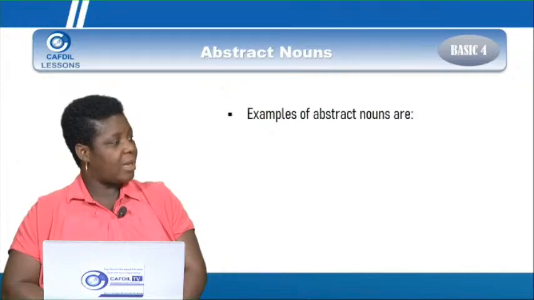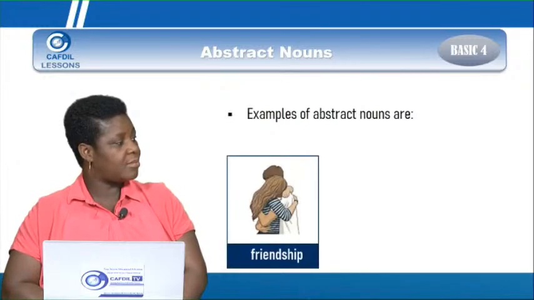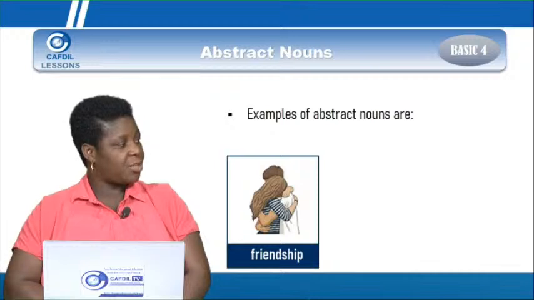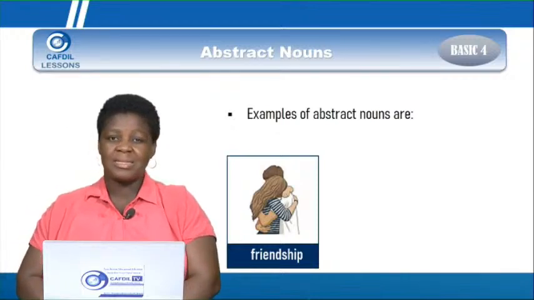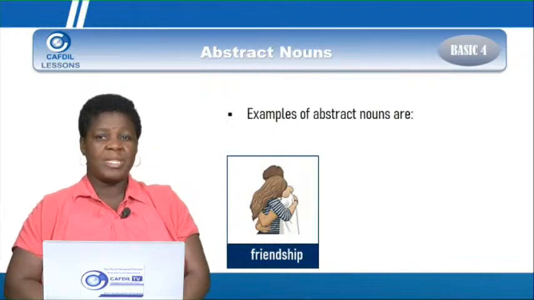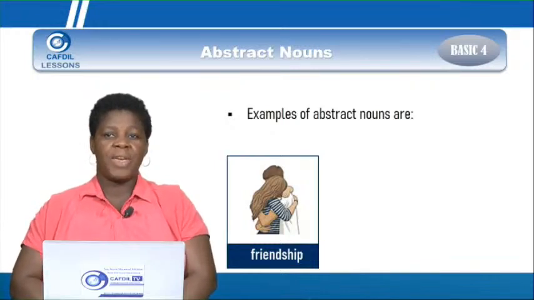Let's have more examples. A woman and a man hugged together, showing friendship. Friendship is something that cannot be seen, something that cannot be touched or felt.